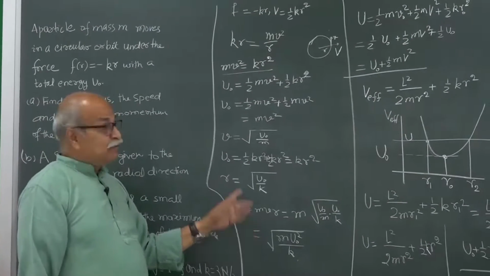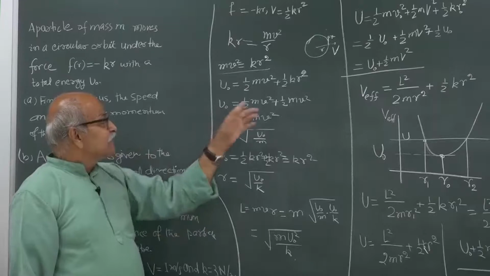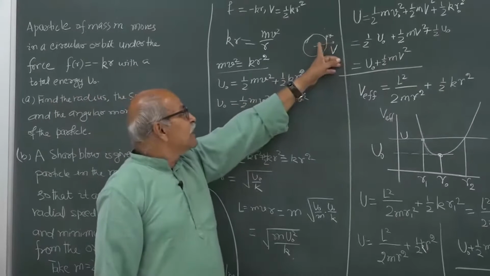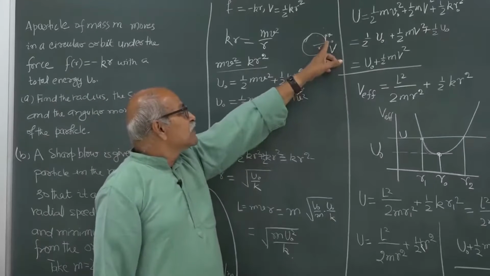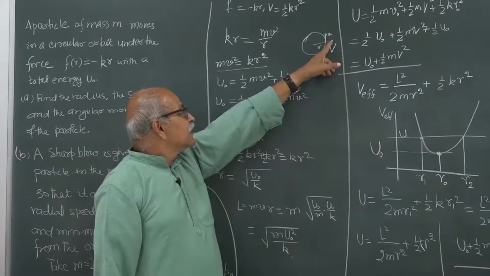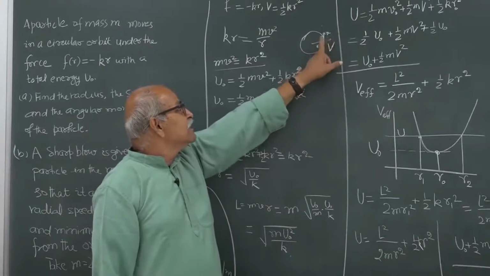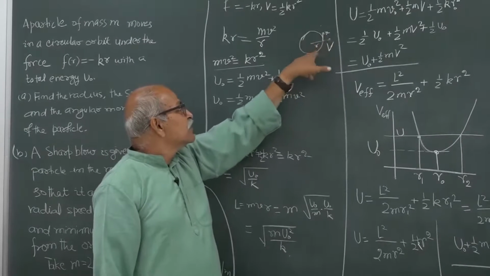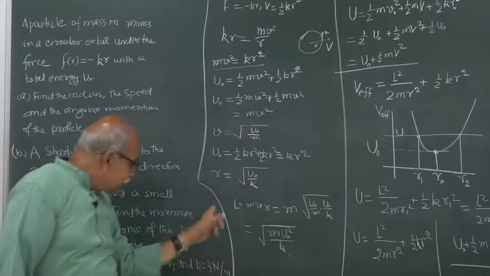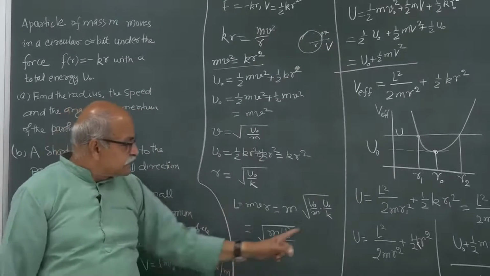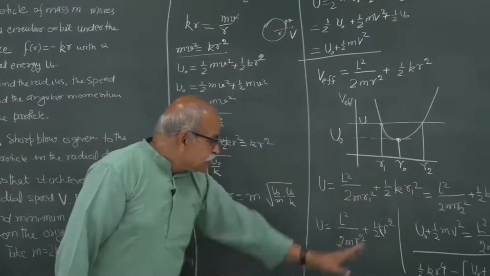Since the blow was in the radial direction, this component, when you write angular momentum r cross p or m times r cross v, will not give you any contribution and the angular momentum is still there. So, the original angular momentum that we had calculated can be put there.